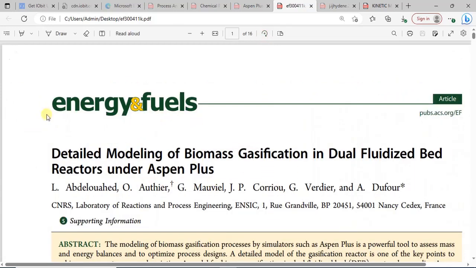So this is the name of the journal, by Abdulawid: detailed modeling of biomass gasification in a dual fluidized bed reactors under Aspen Plus. But what brought me here was the kinetics actually. That's what brought me to this particular paper.